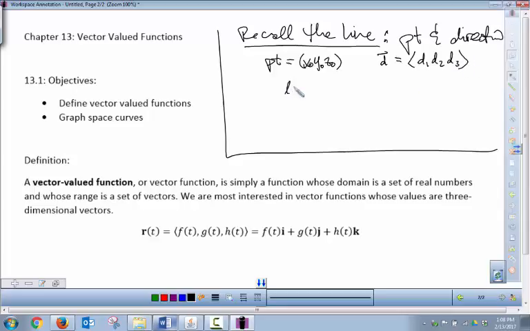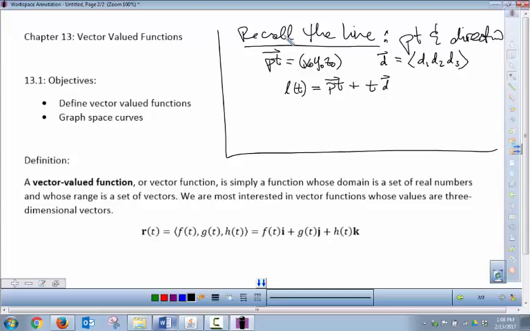And so your equation of a line can be written in what we would call vector form. We would generally write it as a point plus t times a direction, if we assume that the point is a vector.